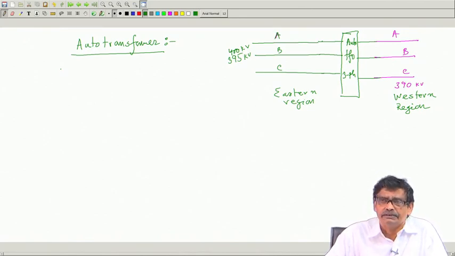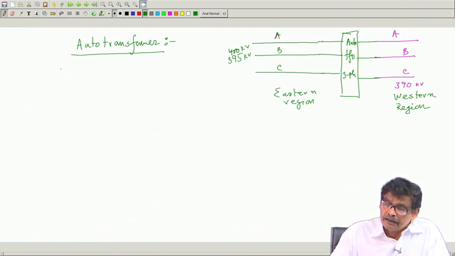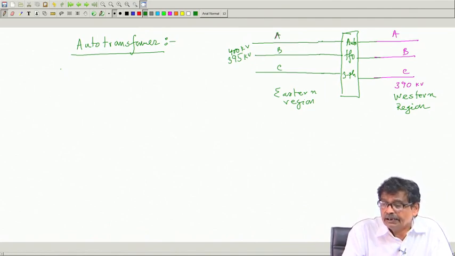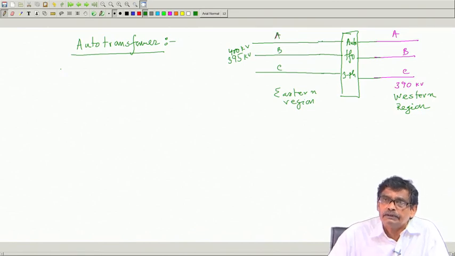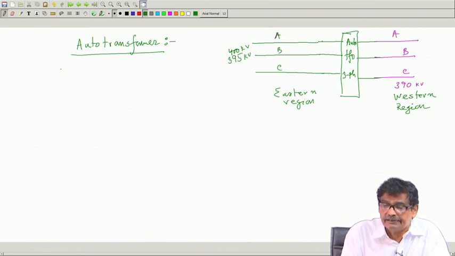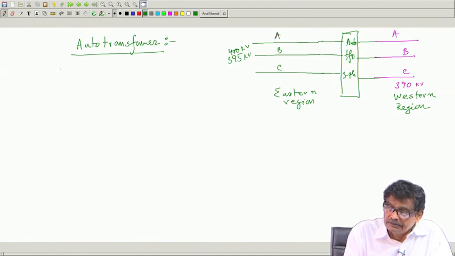There are very good solutions because of the use of inverters and power electronics, but earlier it was very much used. So, an auto transformer is a natural choice when the voltage levels of the two sides are of the same order. You really save money, copper.